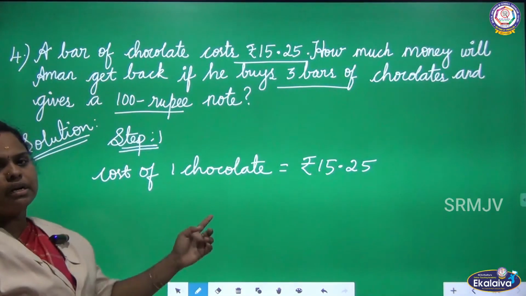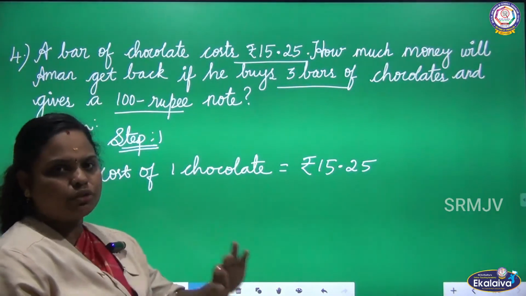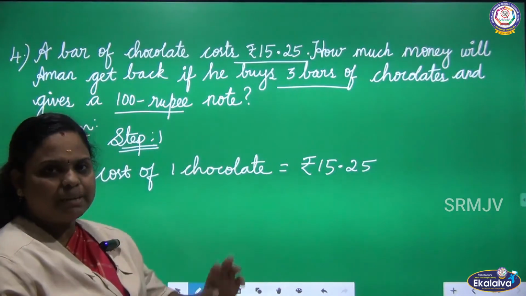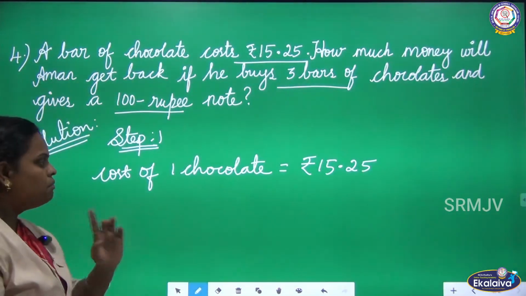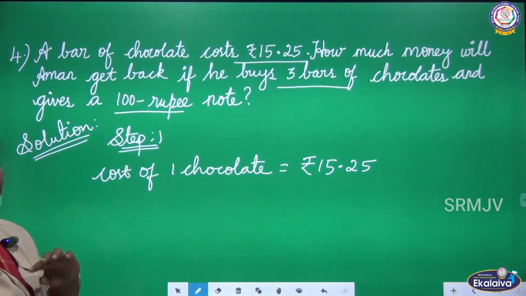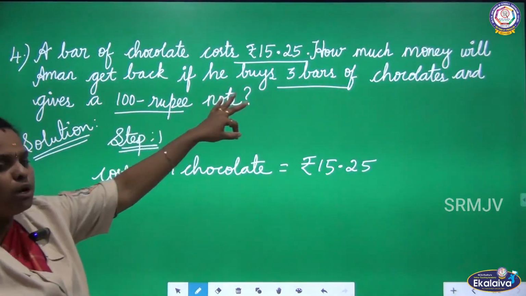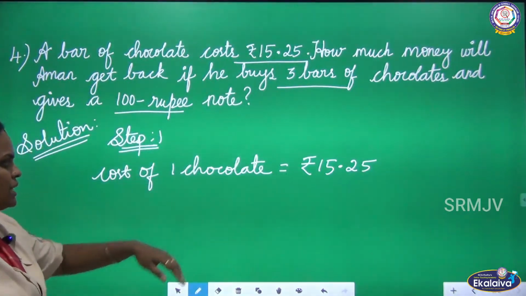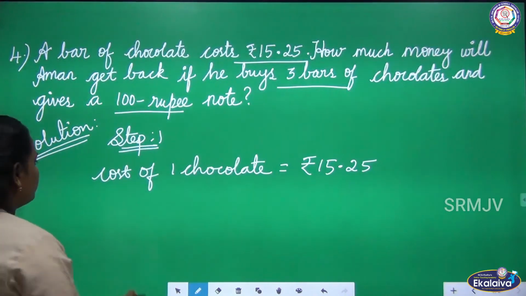So 1 chocolate they have given, we are going to find out 3 chocolates, means we are going to multiply. If many means we have to multiply, if they are asking 1 means we have to divide. So they are asking 3 bars of chocolate, means we have to multiply with 15 rupees 25 paise.